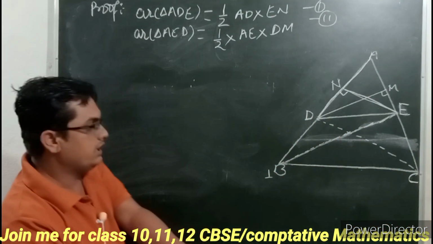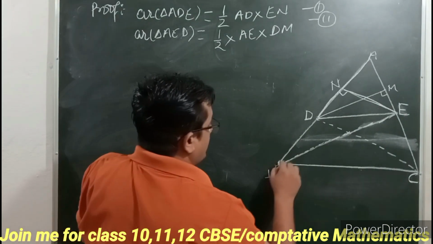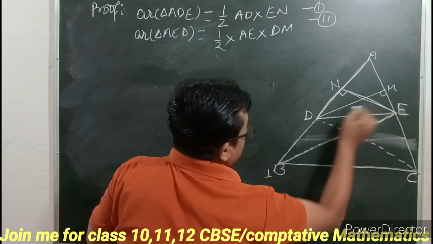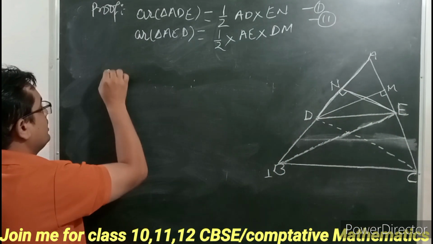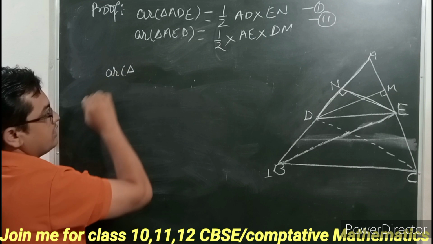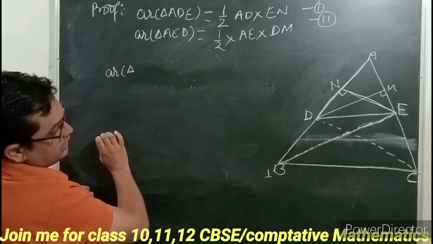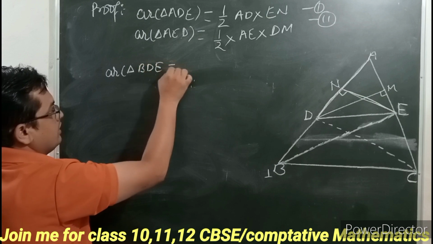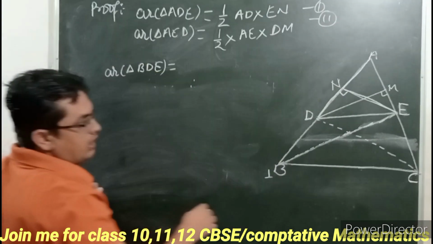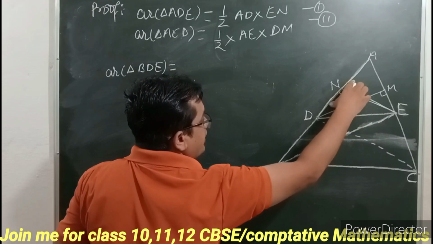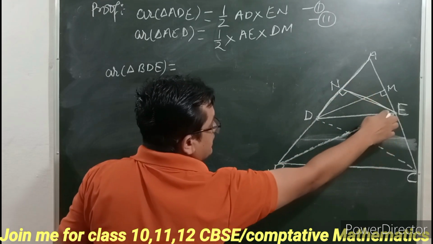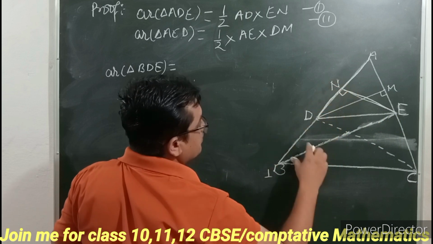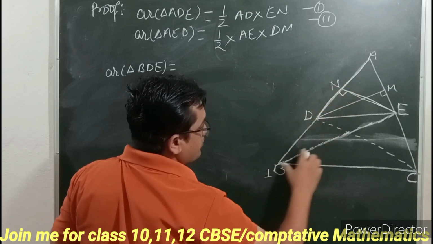Now we will find area of triangle BDE and triangle CED. Area of triangle BDE: if EN is perpendicular to AD, then EN will also be perpendicular to AB and to BD.